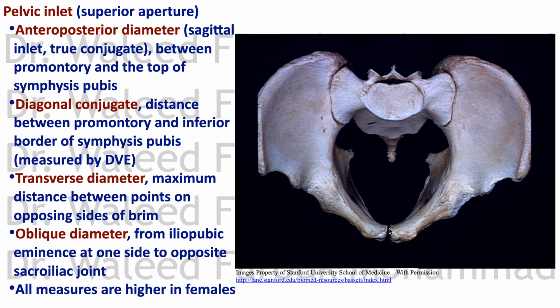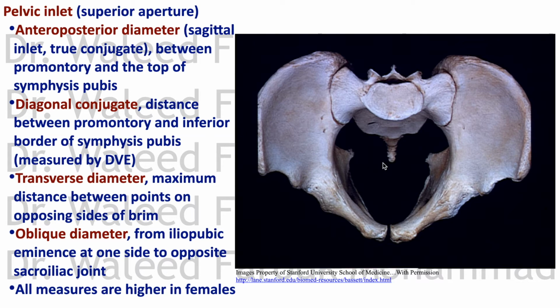And the fingers of the examiner shouldn't reach the sacral promontory, or it will be a case of contracted pelvis, if the patient is from the same race, not, for example, the Southeastern Asians, who have small pelvises but small fetuses as well. So the diagonal conjugate is measured by the digital vaginal examination.